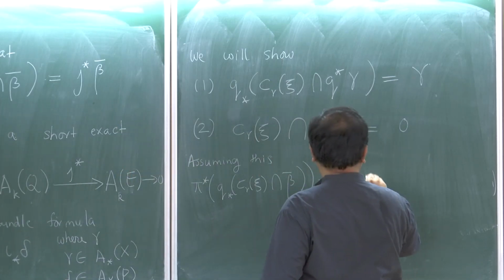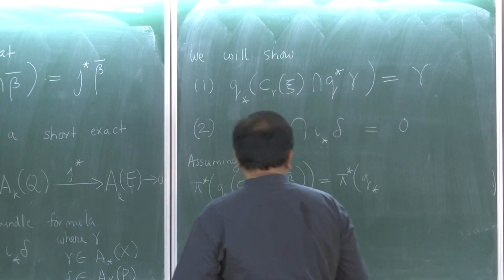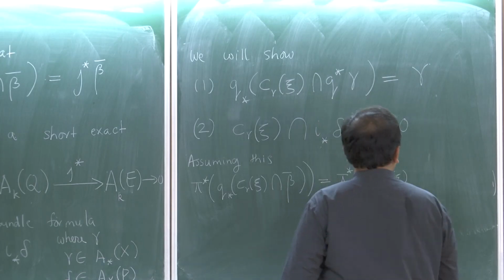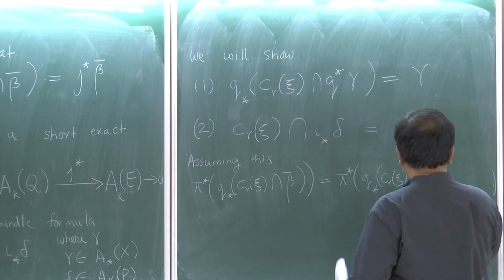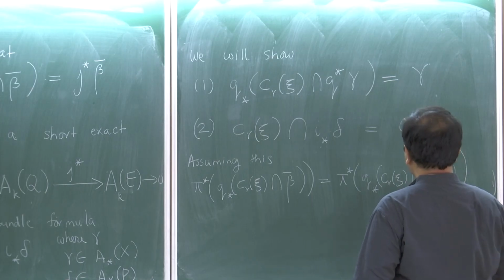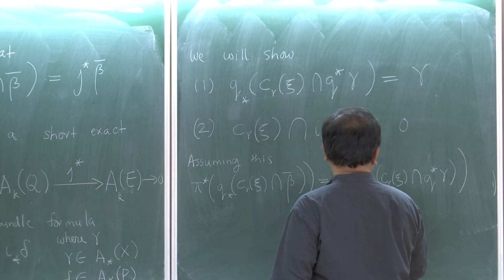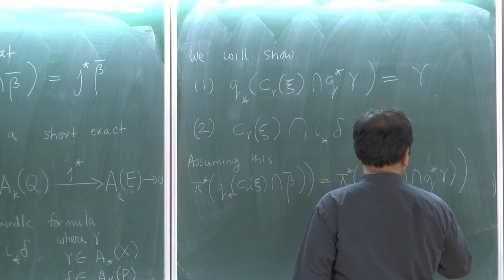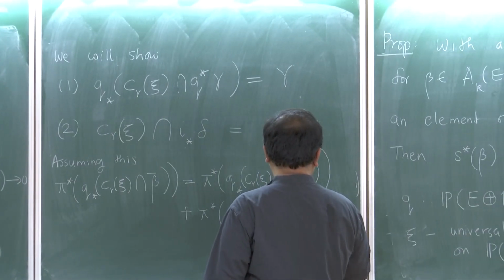So this will be one term, Q lower star of CR psi capped with Q upper star of gamma, plus pi upper star of Q lower star of CR psi capped with I lower star of delta.